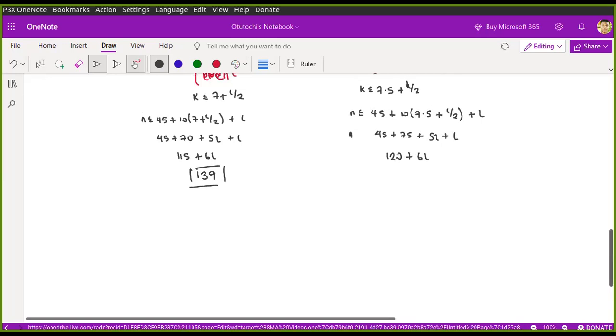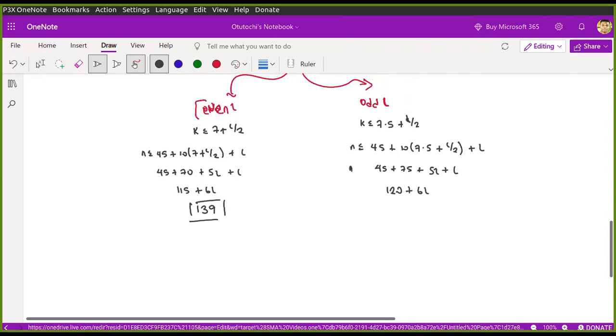Now, this is the case where L is odd, so the maximum L can be is 3. 6 times 3 is 18 plus 120 is going to be 138. So the maximum here is 138. So of course, the total maximum in this case is 139, right? But we'll leave them separate for now.